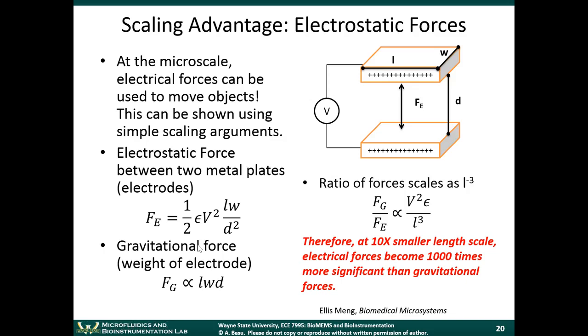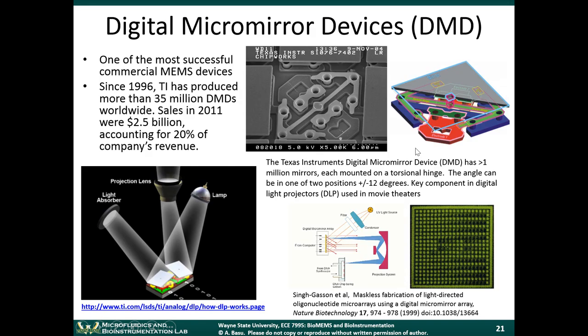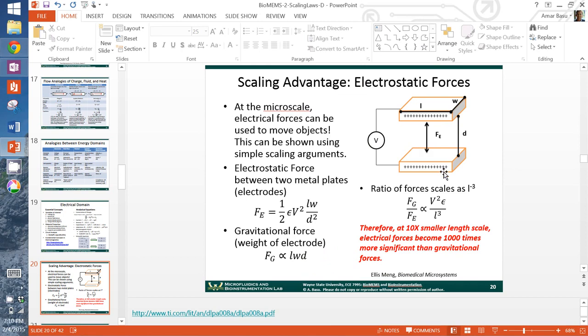The reason why that happens is that, let's say you take two capacitor plates like this and you put a voltage source across them. You have a buildup of positive charge on one half of the plate, and then you have a buildup of negative charge on the other half. Oops, let me fix this here. Wait, this is not positive charge, it should be negative charge.